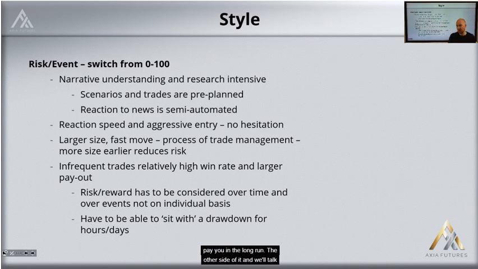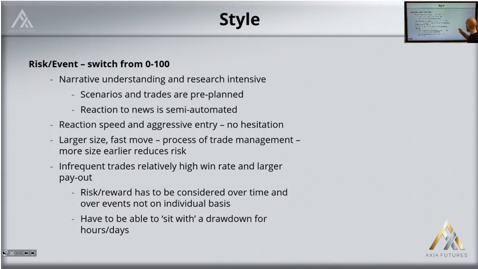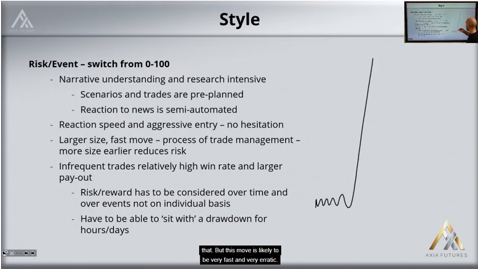The other side of it, and we'll talk a bit more about this when we do risk management, going back to the aggression and the reaction speed. If a market is suddenly going to go from moving like this to do that, this move is likely to be very fast and very erratic.